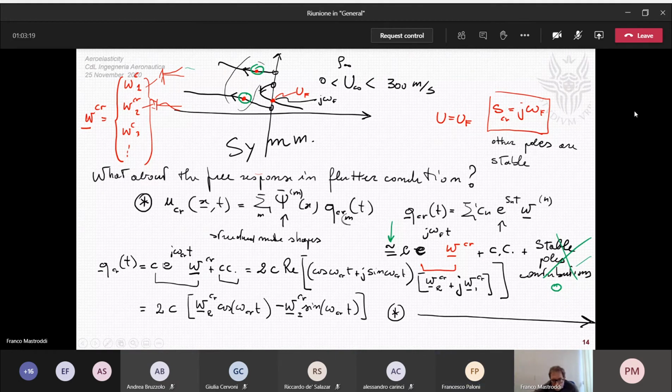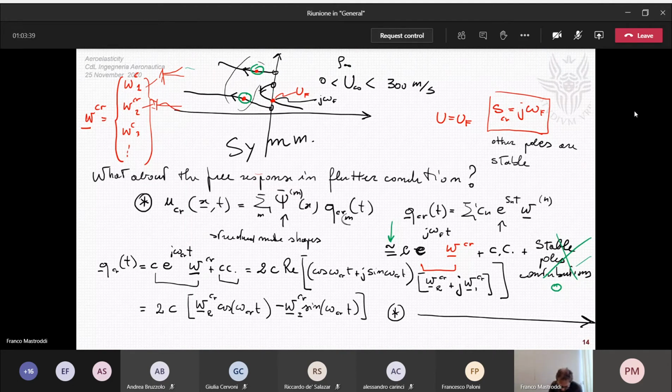Io ho preso il critico, ma di critico ce n'è uno sopra e uno sotto pure, certo. Quindi lei prenda l'esponente con il coniugato e l'autovettore complesso critico più il critico complesso coniugato, li somma, gli viene una quantità reale che è questa. L'abbiamo direttamente considerata noi la coppia qua.